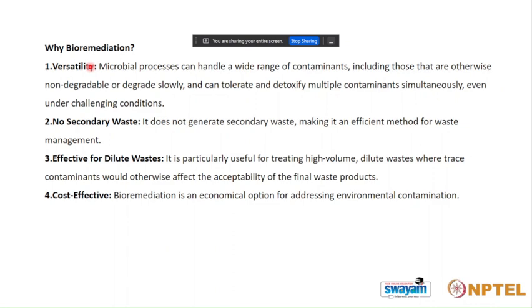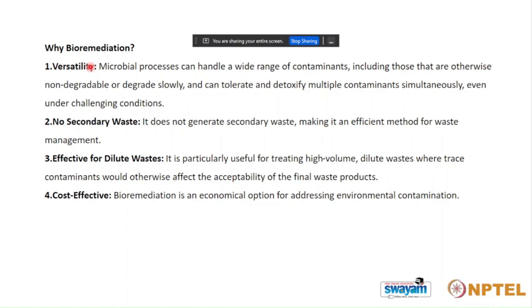If you are adsorbing pollutants using an adsorbent, the adsorbed pollutant will stay in the adsorbent, so we cannot directly dispose of it and it becomes a secondary waste. But in bioremediation, we can directly utilize the microbes, and the microbes will degrade or accumulate the contaminants, and there won't be any secondary waste generation.